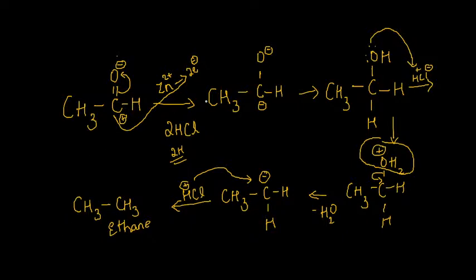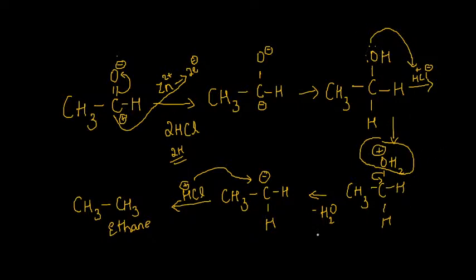What happens here? The zinc, which is a highly electropositive metal, gives an electron to the carbon atom, and then you add one hydrogen to oxygen, it converts to OH, and one hydrogen to carbon and it becomes CH. Now this OH, in the next step, is converted to OH2 plus by addition of hydrogen.